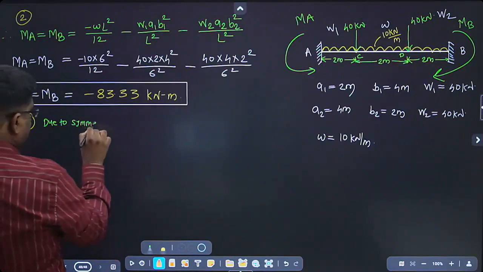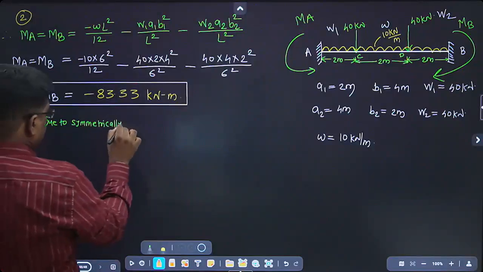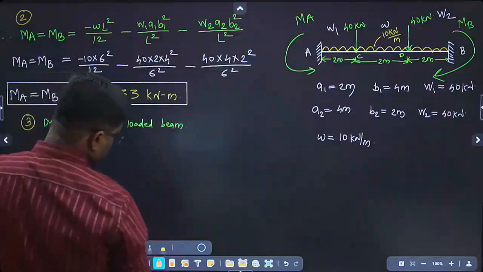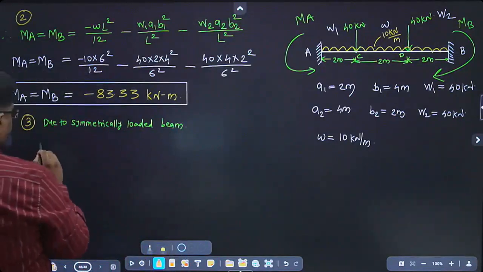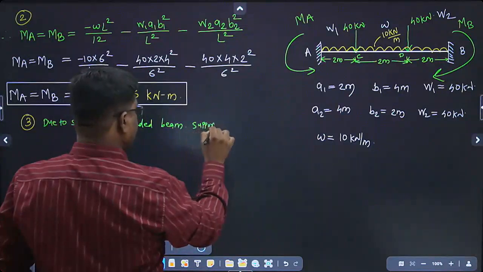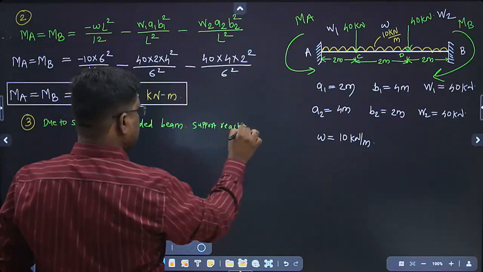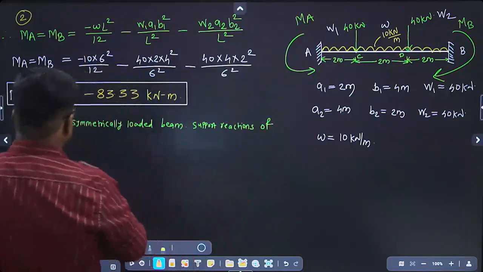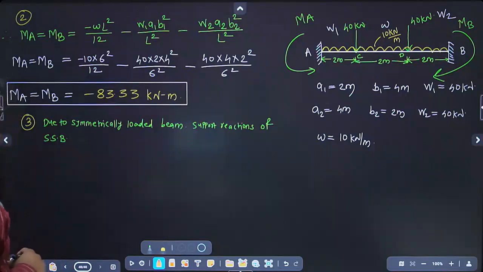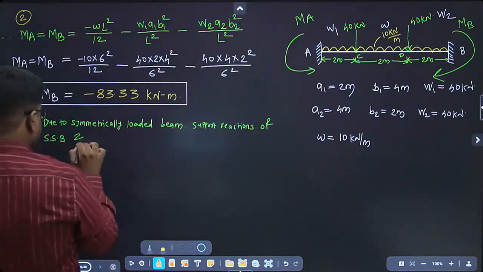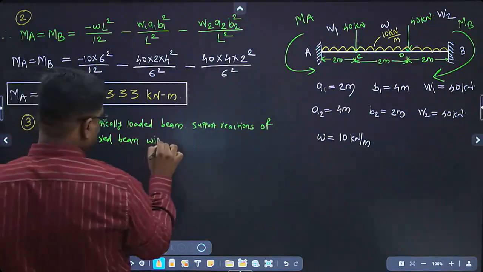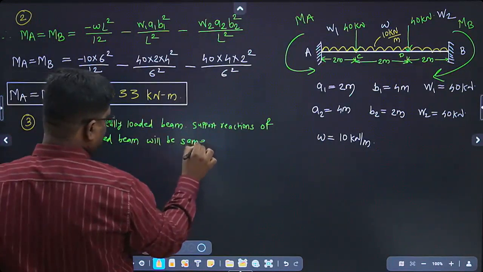So due to symmetrically loaded beam, support reactions of simply supported beam, SSB, and fixed beam will be same.